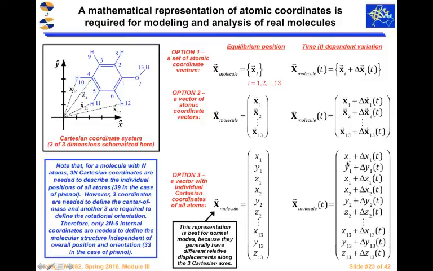They will all have some equilibrium position, which could be described as x1 or y1 or z13. And we're going to describe each of these as the equilibrium position coordinate plus the displacement coordinate. That displacement coordinate will vary as a function of time. And guess what? It will vary sinusoidally, and it will give us a normal mode.